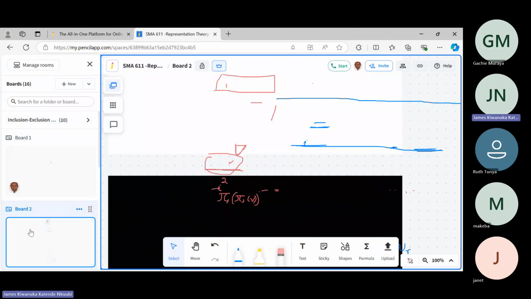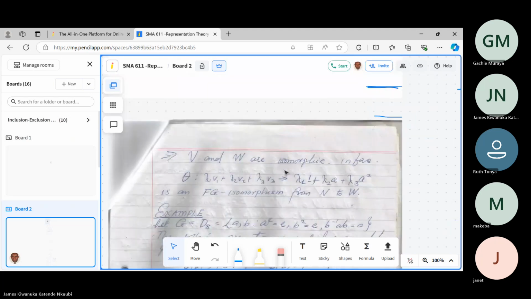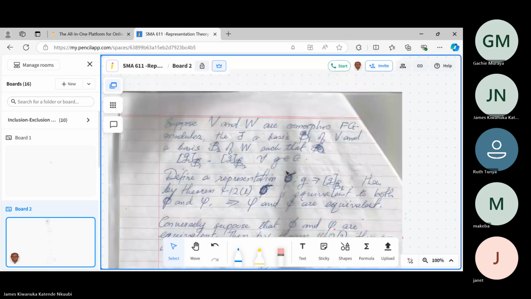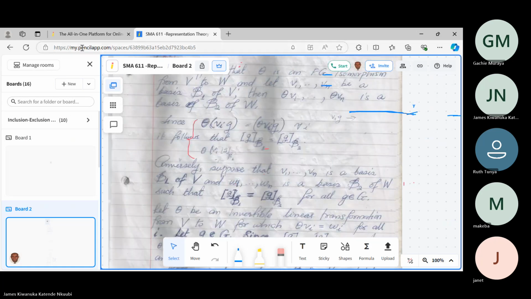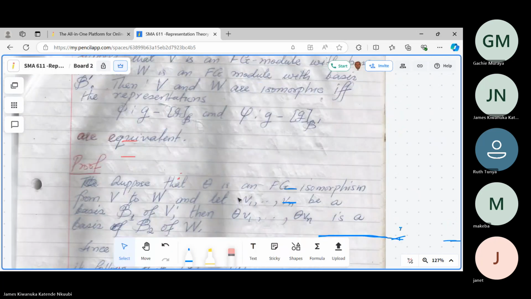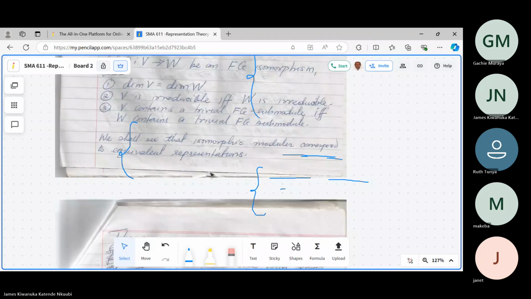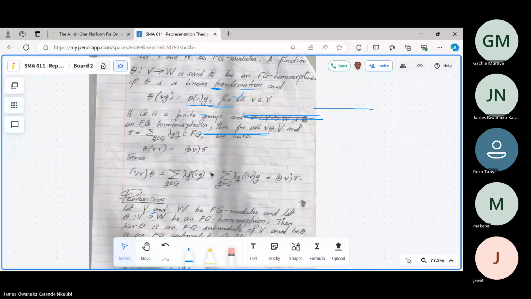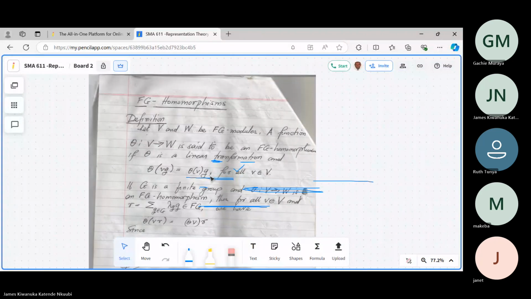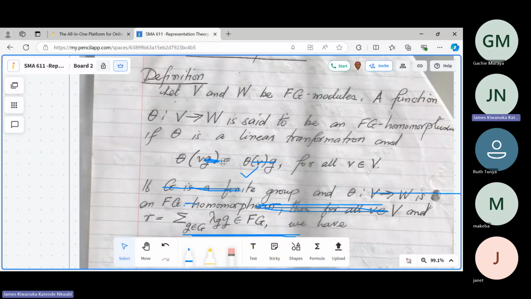That would be the next board. So here it is.